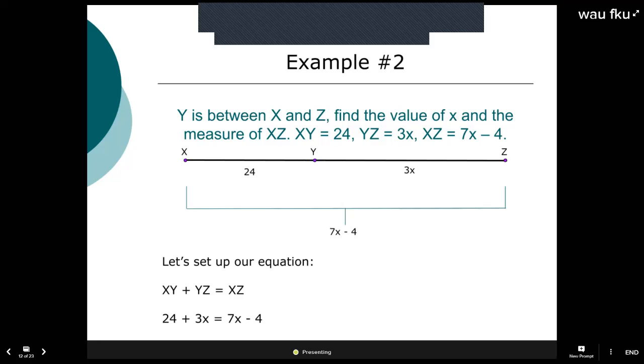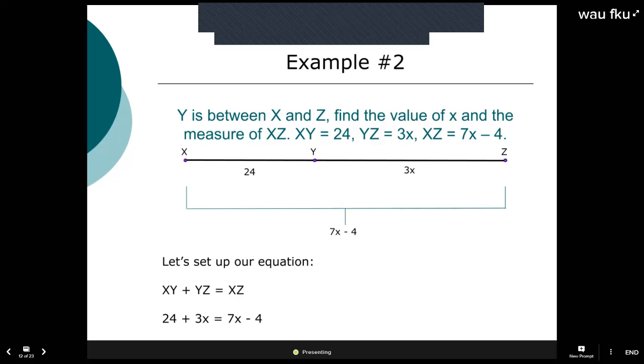So y is between x and z. Find the value of x and the measure of xz. xy equals 24. So again, gave us a diagram. yz equals 3x. And xz equals 7x minus 4.